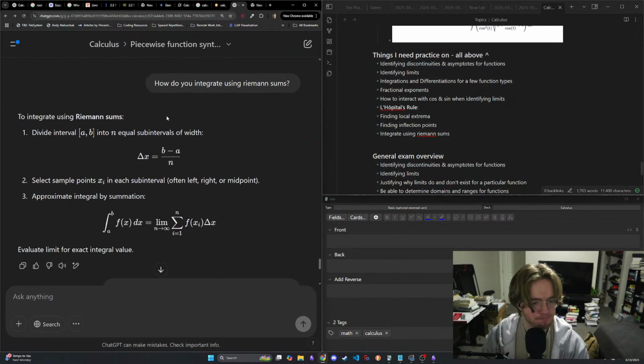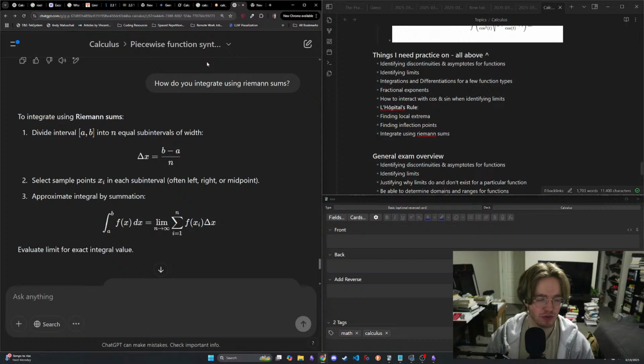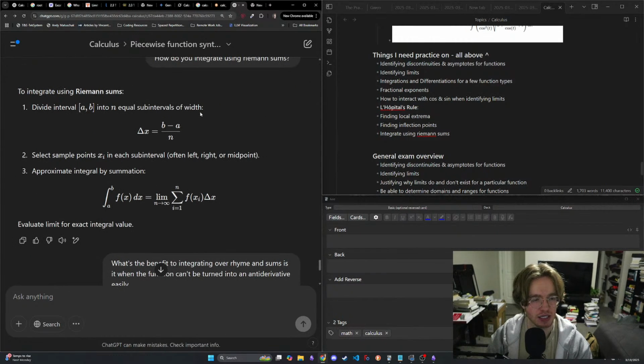Okay. So the reason why I asked that question is that Riemann sums seem to be more work than just using the power rule for finding the antiderivative, right?